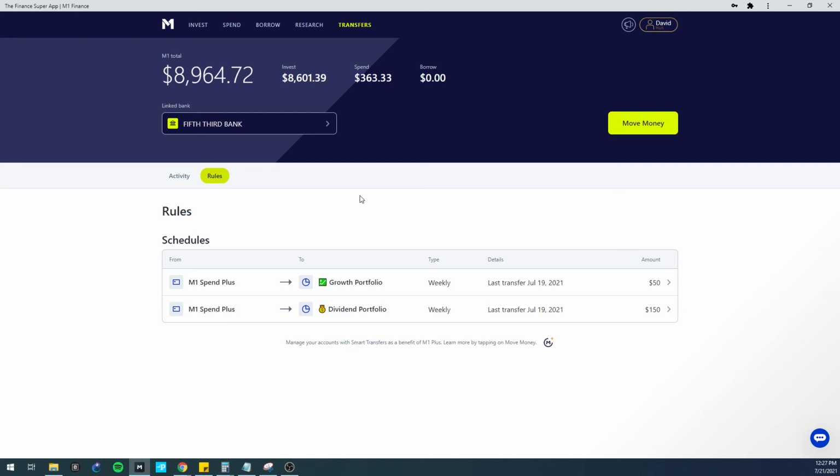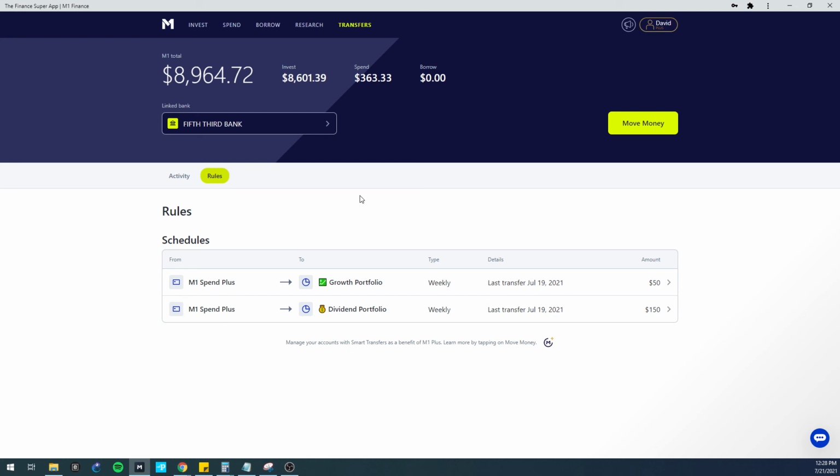But I feel for the majority of people that get M1 Finance, at least at first, won't actually use the smart transfer system, because I have a feeling with smart transfers, and how I envision it, is if you're using M1 Finance and you're already in that retirement phase.